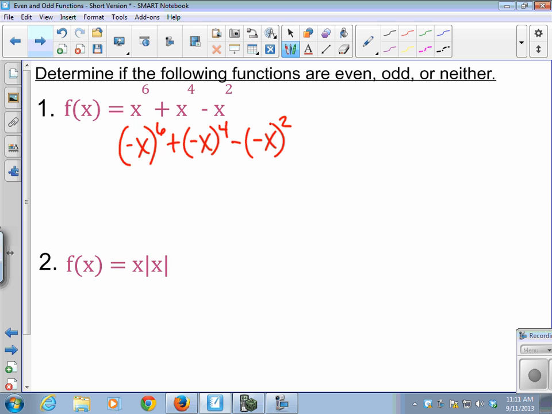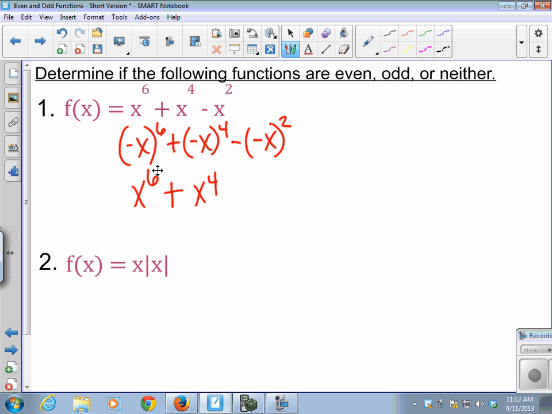Anytime you raise a negative to an even exponent, that's basically just going to take your negative and make it positive. Because if you were to multiply all of those out, a negative times a negative times a negative times a negative times a negative times a negative, you would see that whatever you got would be positive. So this is going to end up being x to the 6, plus a positive x to the 4th, because I'm raising it to an even power.